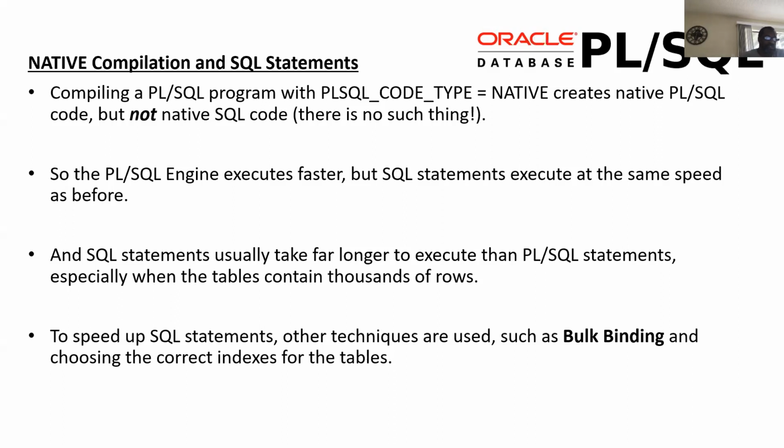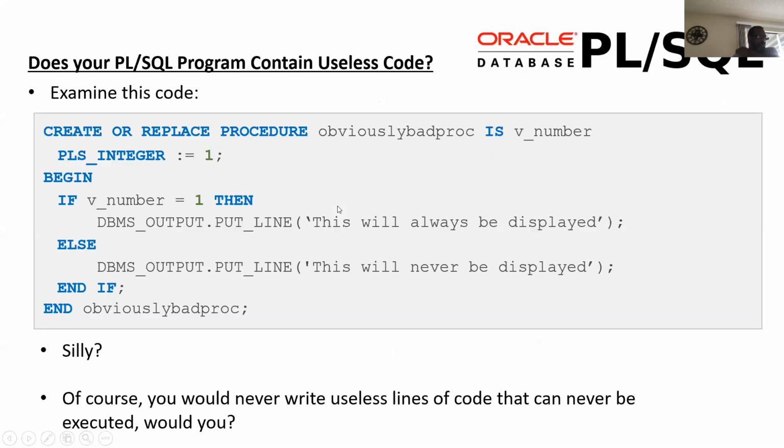To speed up SQL, there are other options like correctly indexing the tables, and bulk binding, which is a setup where you're binding things during a parsing phase. We're not going to go into that. That's primarily the reason why that initialization parameter doesn't change anything when you have SQL.